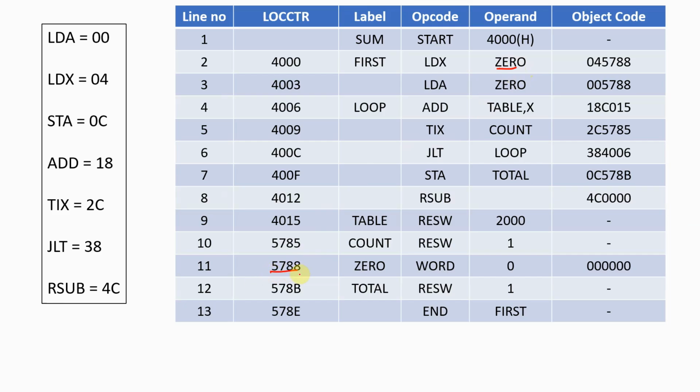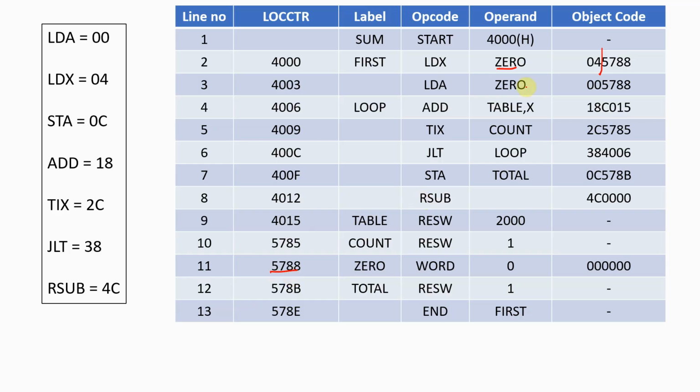If I am not using forward reference, I enter 04 and then wait until I know the address for this 0. Once I come to line number 11, only then do I know that the address is 5788.